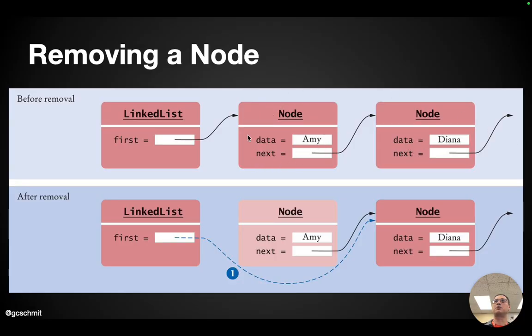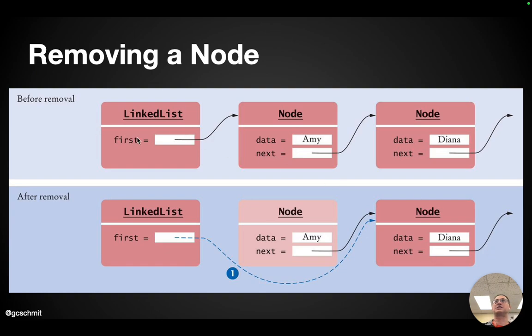When we want to remove the first node, the way we do that is relatively straightforward. We simply update the linked list object's first to refer to the second node in the list. Conceptually, what makes that challenging is how do we get to that second node?